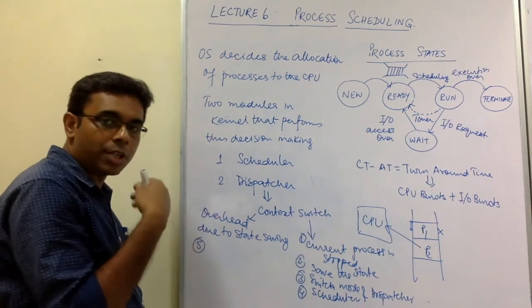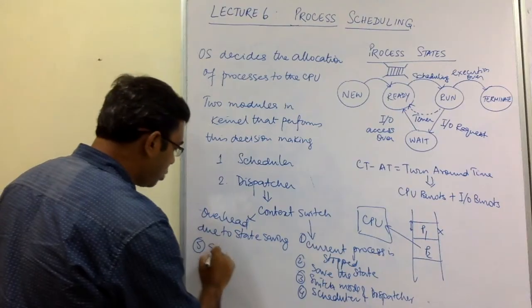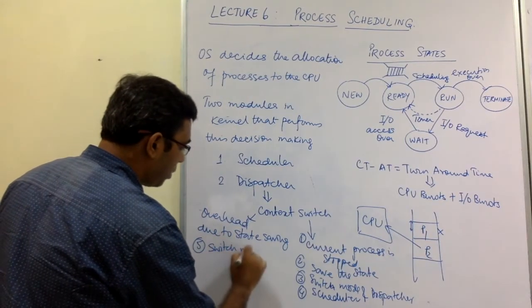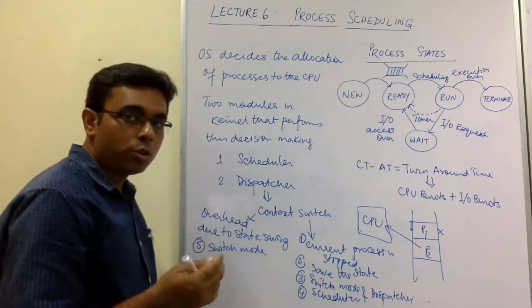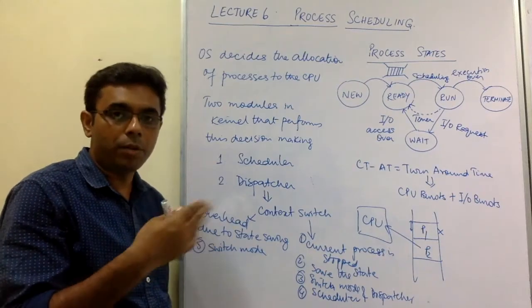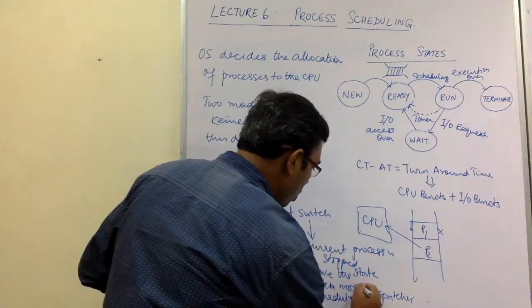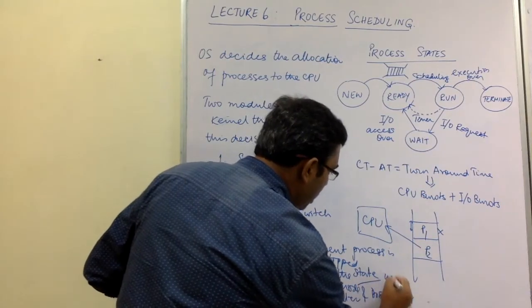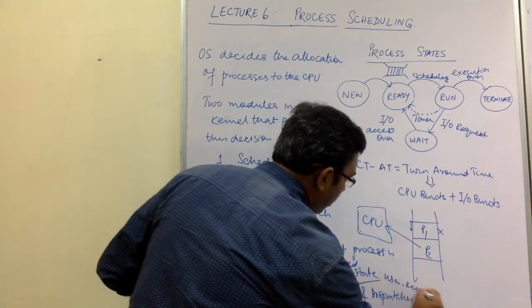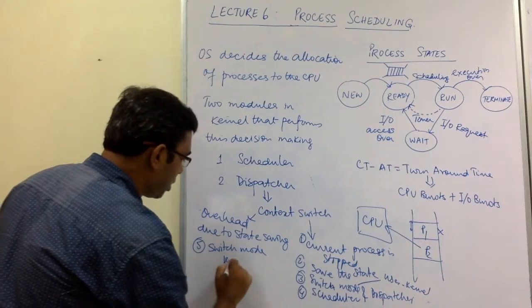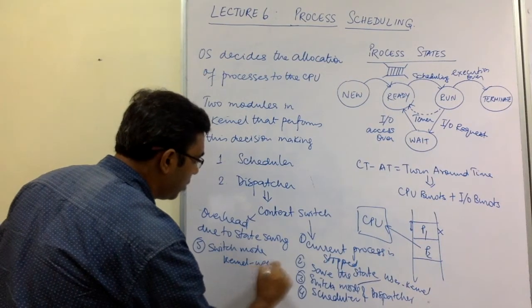Once the allocation has been done to the CPU, you again switch mode, because now you should allow P2 to run, and P2 is a user level process. So in the earlier case the mode switch was from user to kernel level, and now it is from kernel level mode to user level mode.